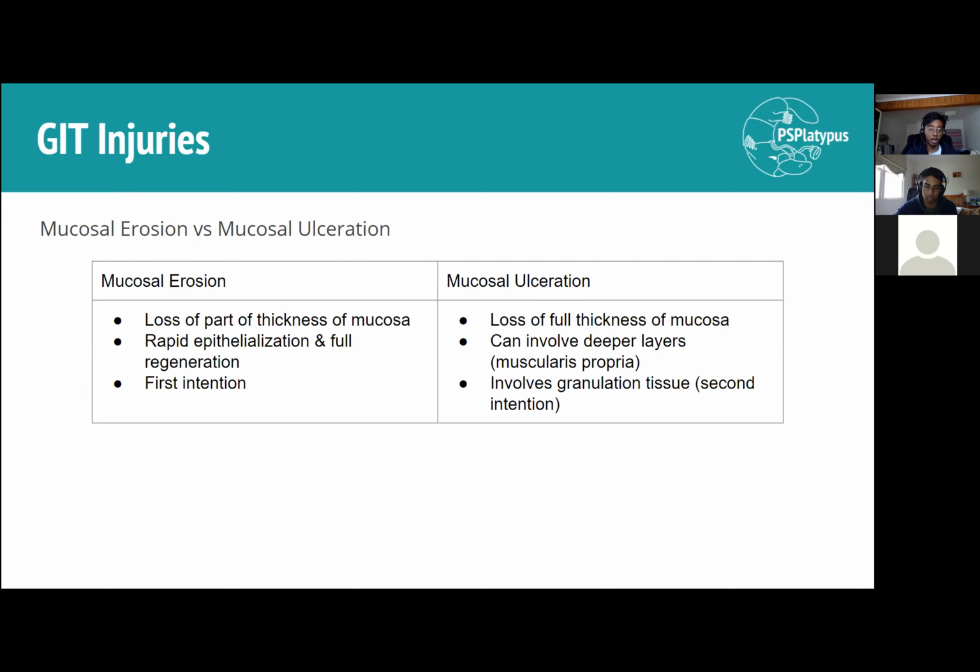Erosion is loss of part of the thickness, but ulceration is loss of full thickness of the mucosa. And mucosal erosion will give you full regeneration with no scarring and rapid epithelialization. And this is obviously first intention. Ulceration, since you lose a lot of your mucosa and it can involve deeper layers like your muscularis propria, needs to involve granulation tissue and second intention healing.